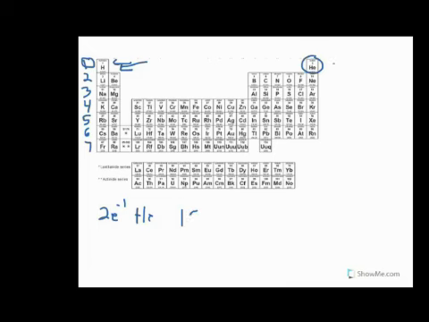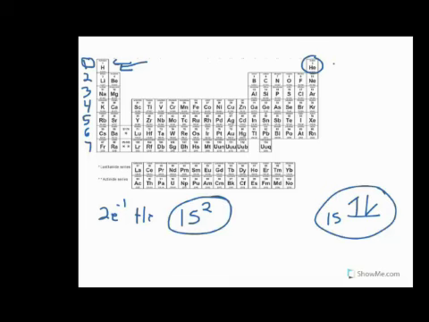So it's a 1s, and there's 2 electrons in there. So the orbital energy diagram would be a 1s, and we have one half arrow up representing spin up and spin down, or spin clockwise and counterclockwise. Doesn't matter, just so they're opposite spins. And this is our orbital energy diagram. This is our electron configuration.